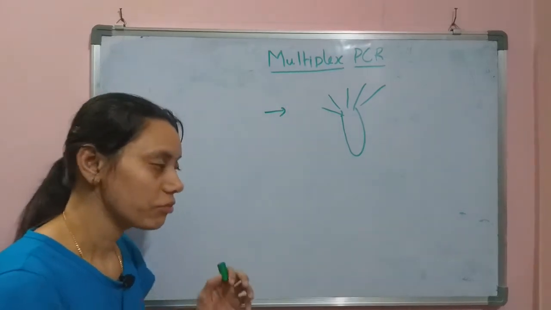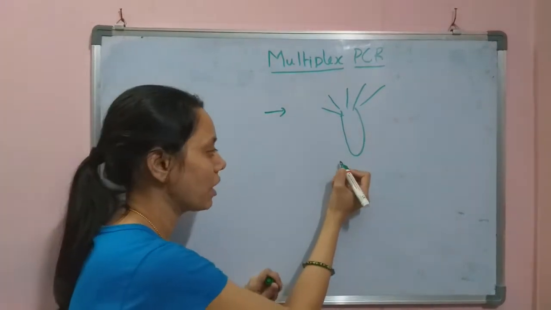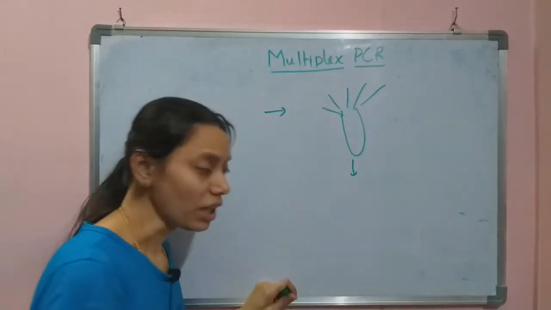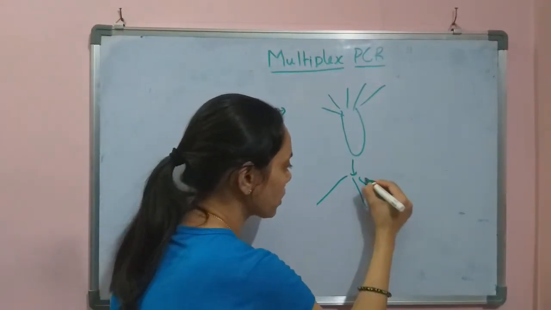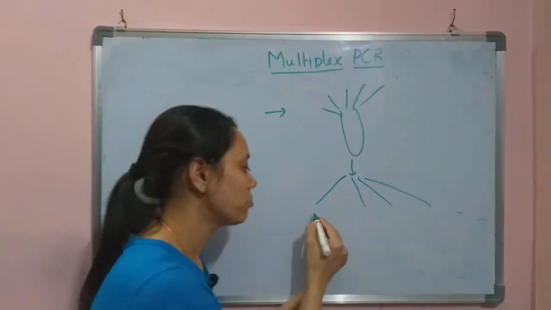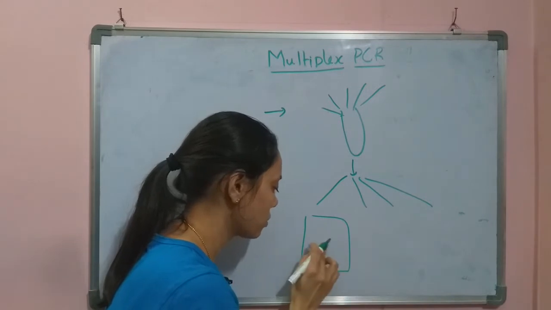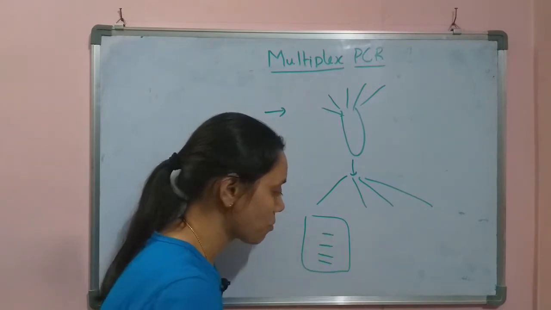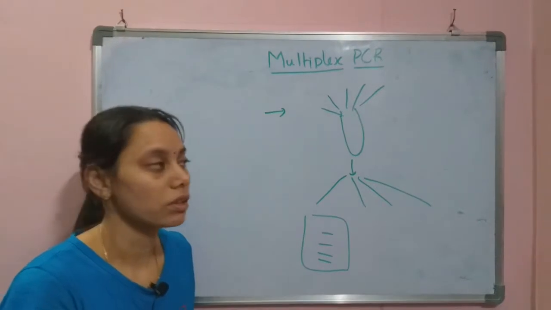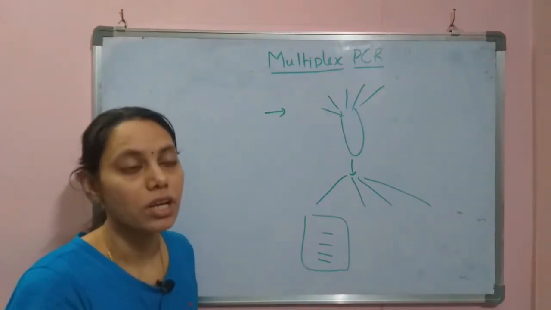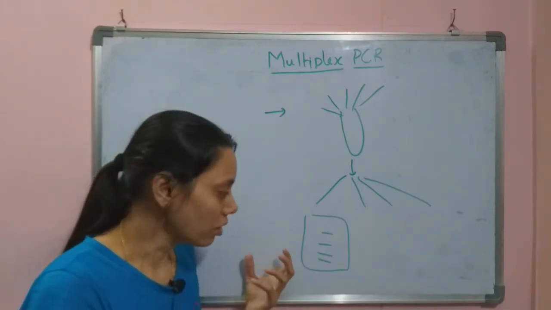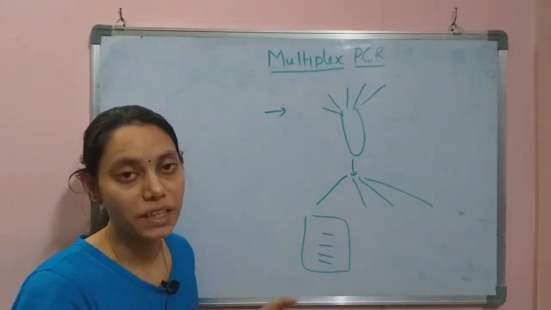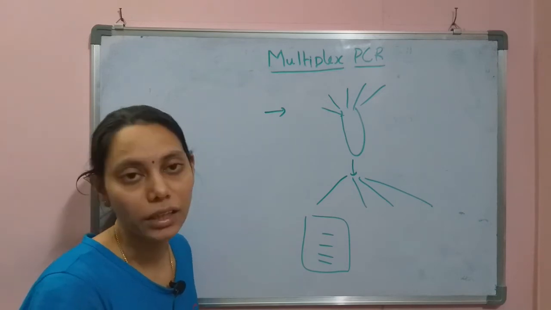Amplification will be carried out in the same way. Then the sample is run, and we can separate the reactions, maybe based on gel electrophoresis. We can separately identify different targets, whether the amplification is carried out or not, and thereby find the success of the different PCR reactions. That is the detection process.